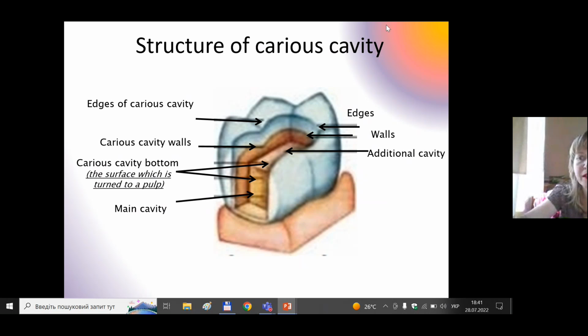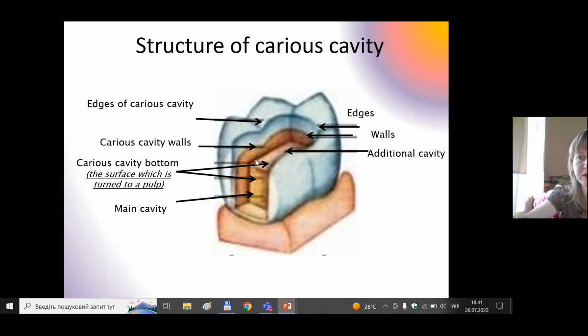Okay, this is a compound cavity. In this cavity, we have the main cavity. The main cavity is the cavity that is localized on the lesion surface. And the additional cavity is over here on the occlusal surface. This cavity was designed to get access to the main cavity.